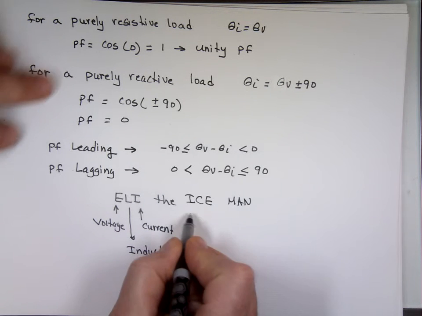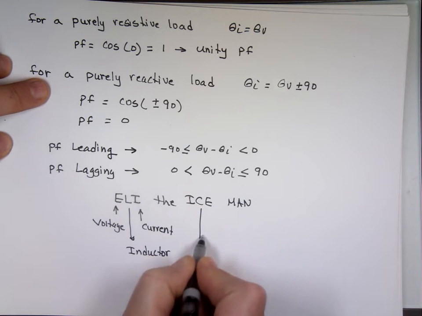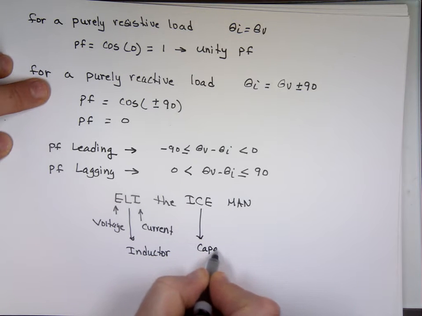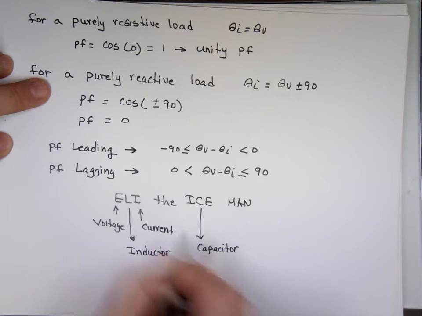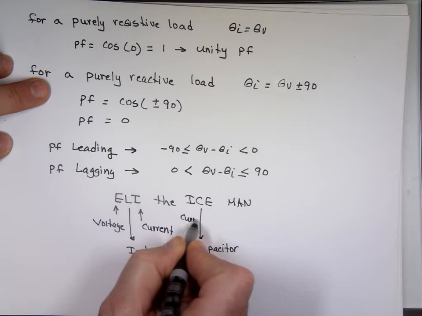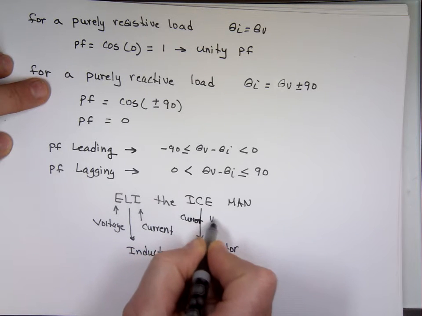C is the capacitor here. I is the current. So the current leads here, before the voltage.